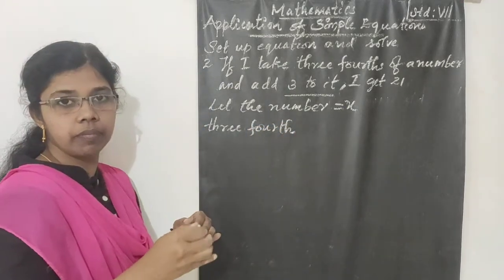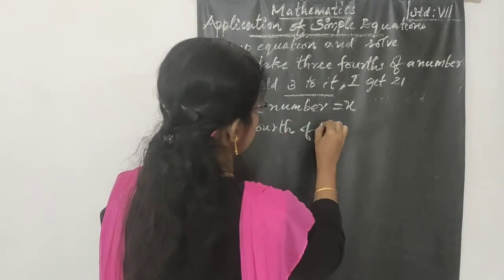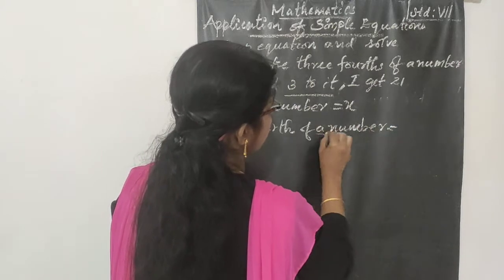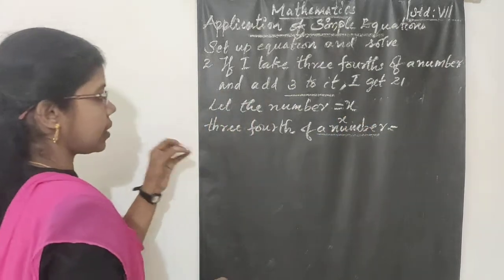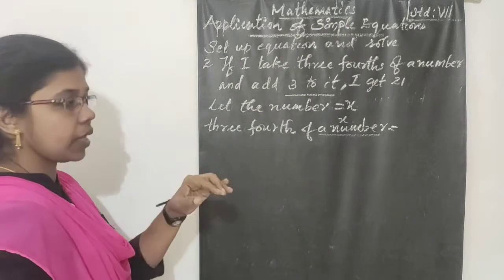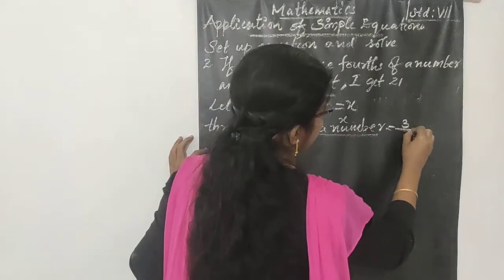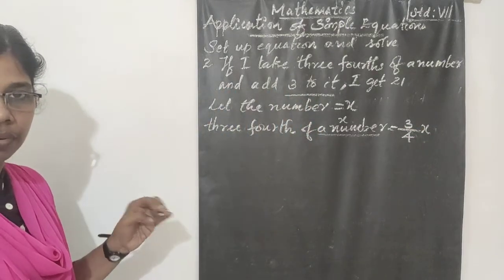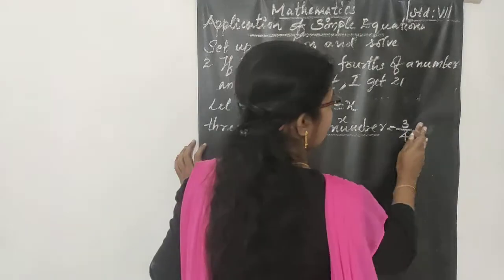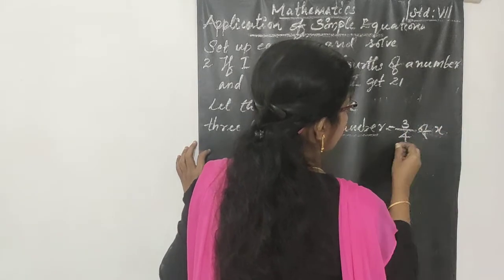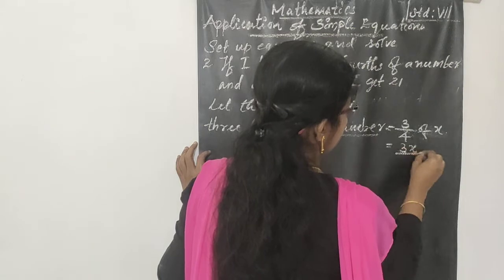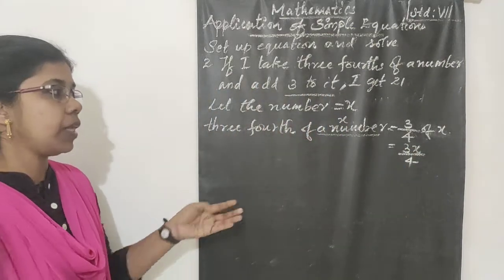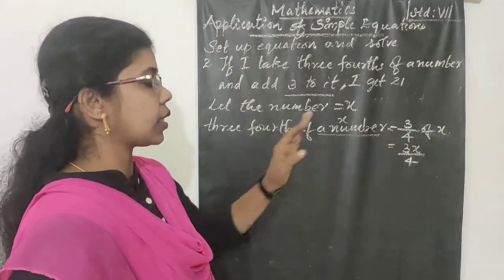One fraction. 3/4 of a number, a number means here we take x. 3/4 of a number means 3/4 of x. That is equal to 3x by 4.